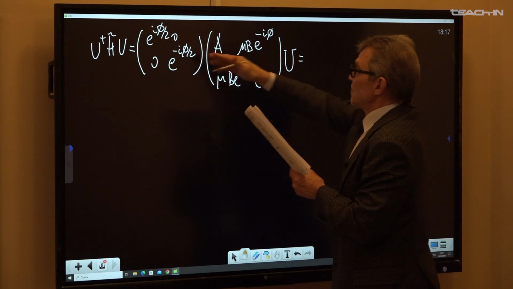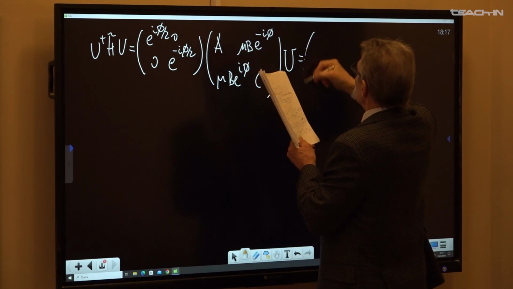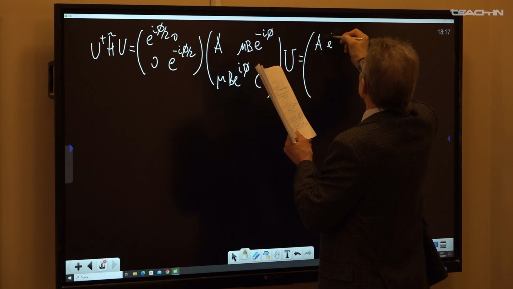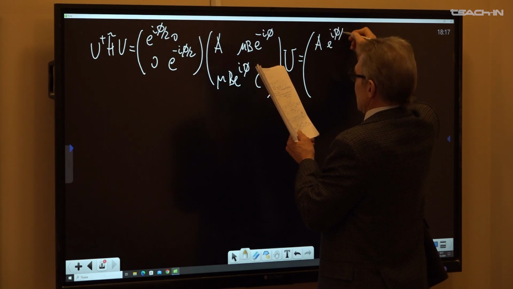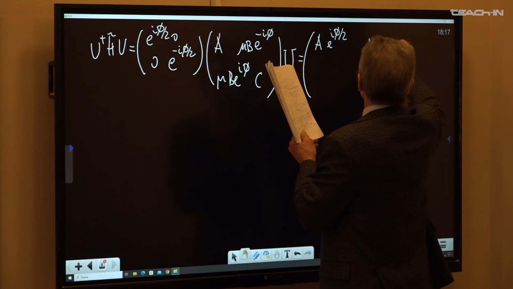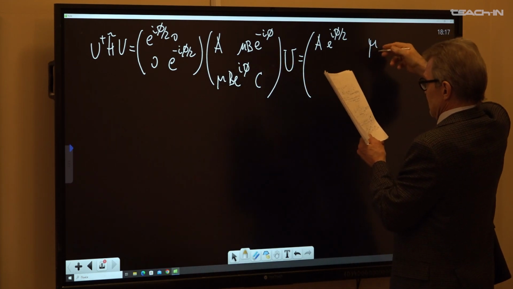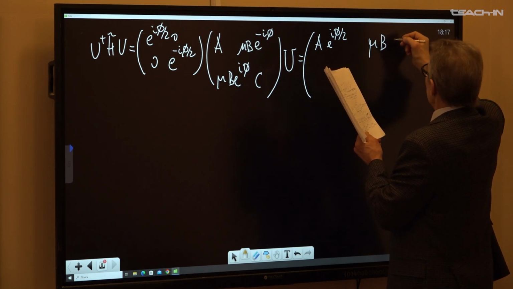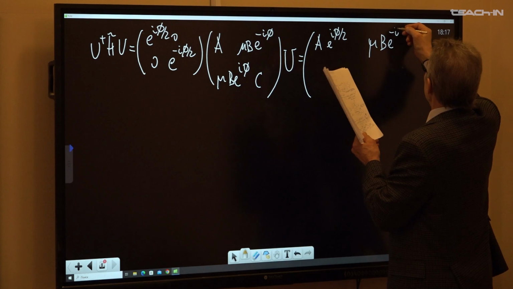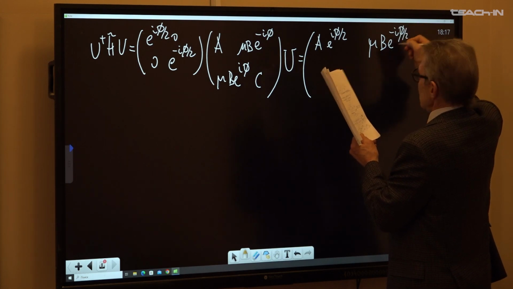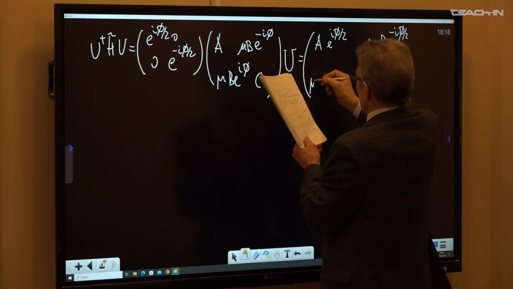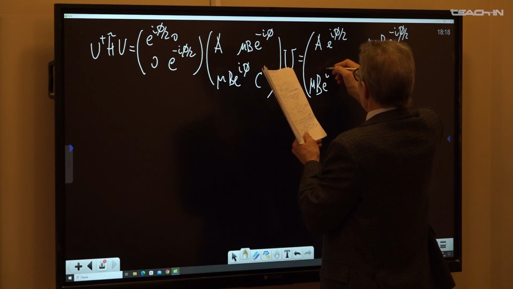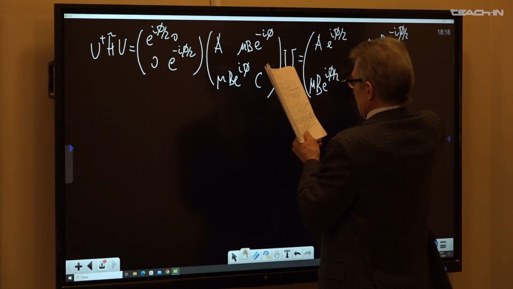So if you just multiply these, we get A, exponent phi divided by 2, the transition magnetic moment, I just omit the indices here to make it shorter, magnetic field, minus i phi divided by 2. The magnetic moment, the same, magnetic field, i phi divided by 2.